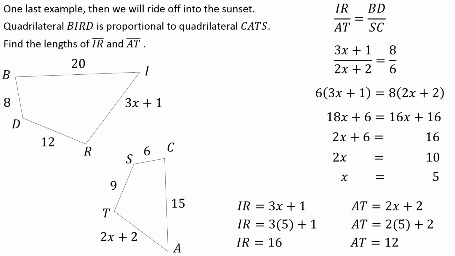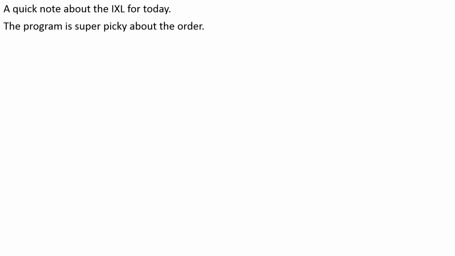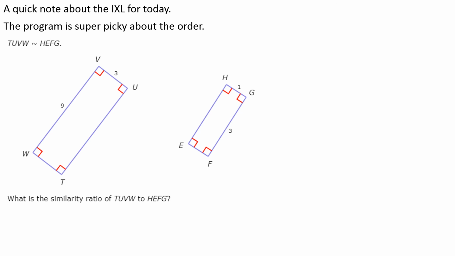Now, before we ride off into the sunset, a word of caution about the IXL. Otherwise, you'll get very frustrated. The program is super picky about the order. So here's a screenshot of one of the actual questions on the IXL. And if they ask for the similarity ratio, whichever polygon they list first has to become your numerator.